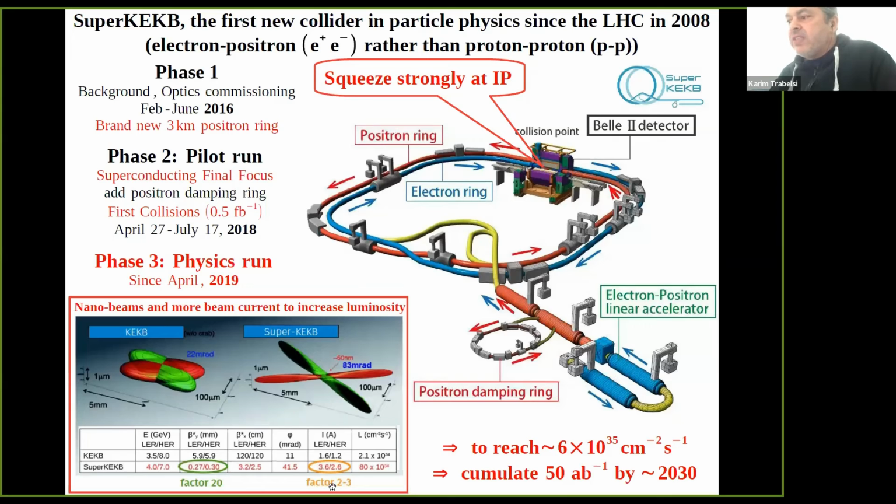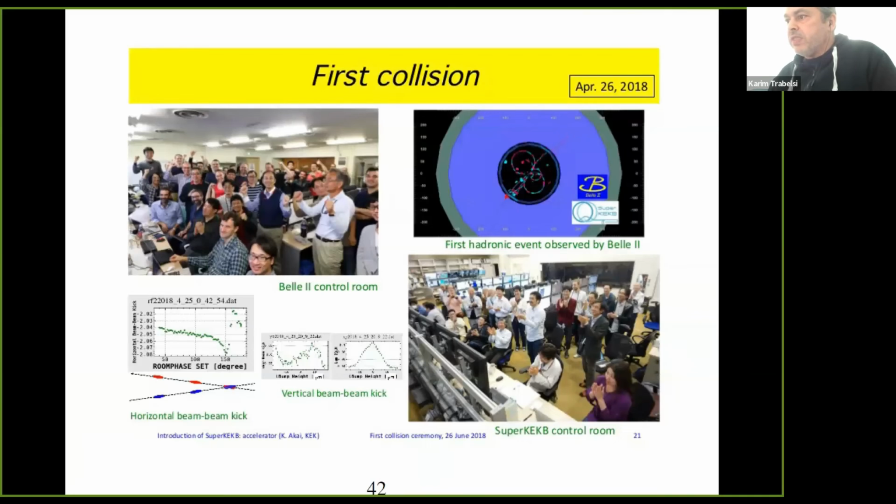And the increase of the current is another one. Here this is probably the limitation you will get. You could increase the current more and more, but technically that is not the way to go to reach this luminosity. That's why this nano beam scheme, this squeezing at the IP and the new quadrupoles close to the IP, are the recipe to increase the luminosity.